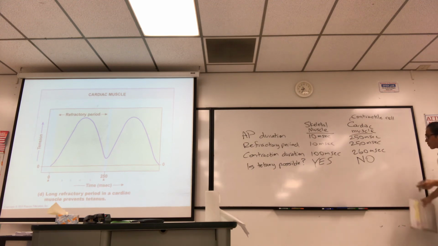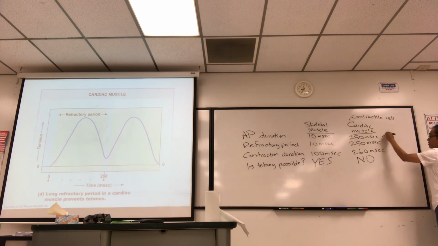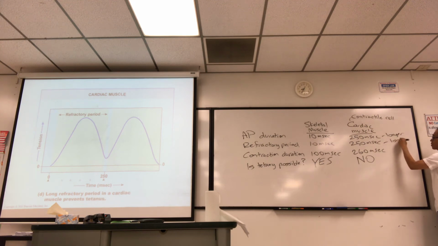So the logic is, by having a longer AP duration, you're going to have, by definition, a longer refractory period. By having a longer refractory period, this extended period of insensitivity, you cannot re-stimulate the heart muscle.